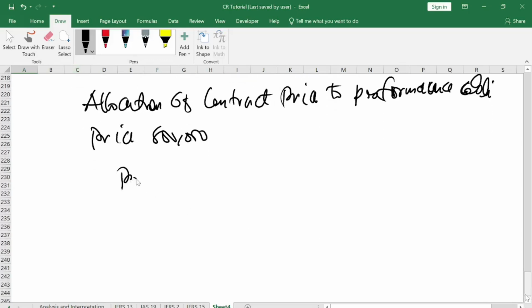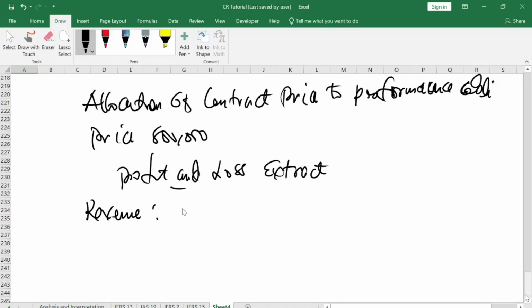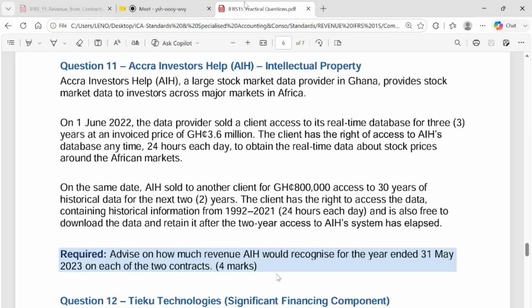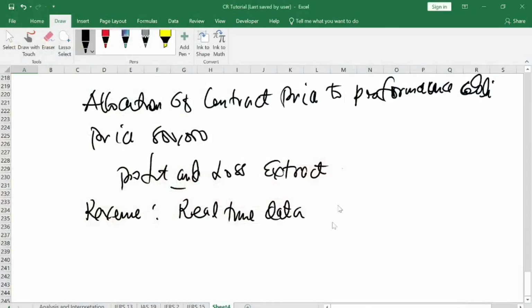So here you can now do your extract. You have the profit and loss extract. You have your revenue. You have your real-time data, and here the accounting year ends 2023. So we can report as at 2023. All right.